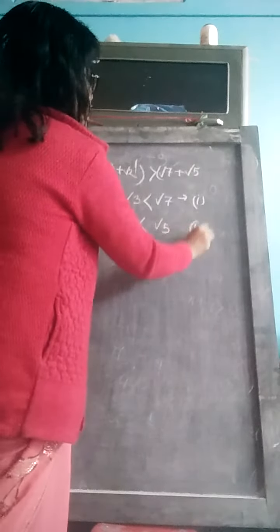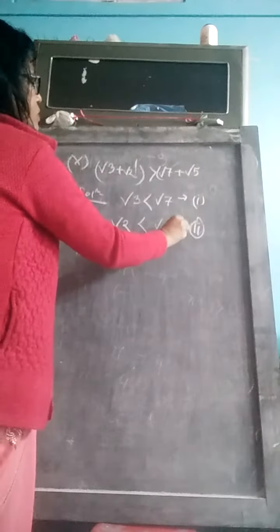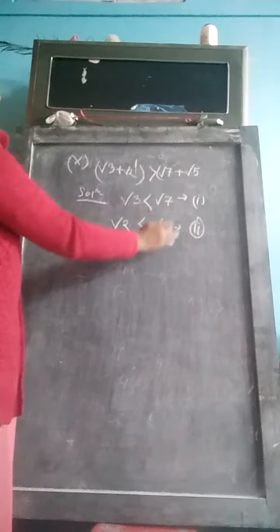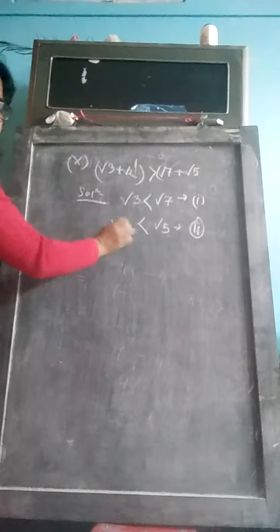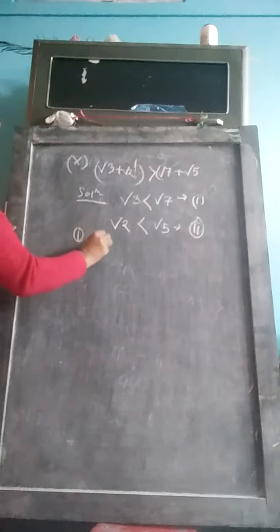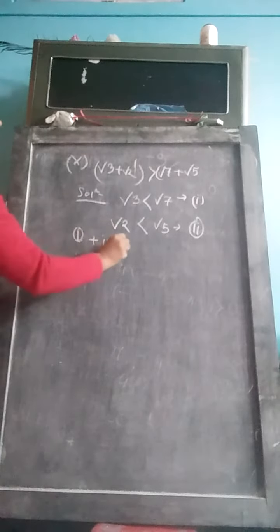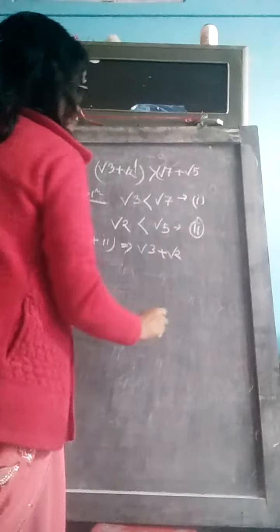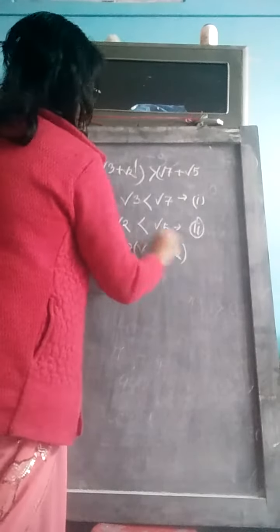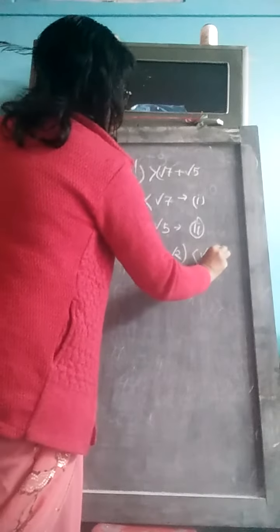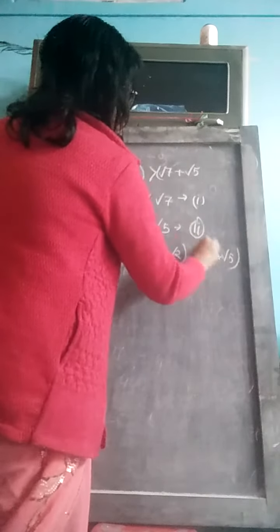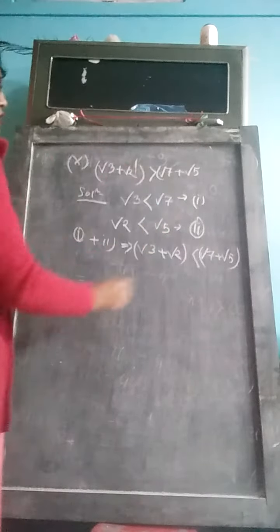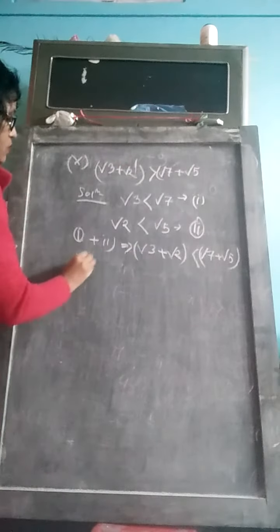Now, adding the left side, root 3 plus root 2 is less than root 7 plus root 5. So our given statement is false.